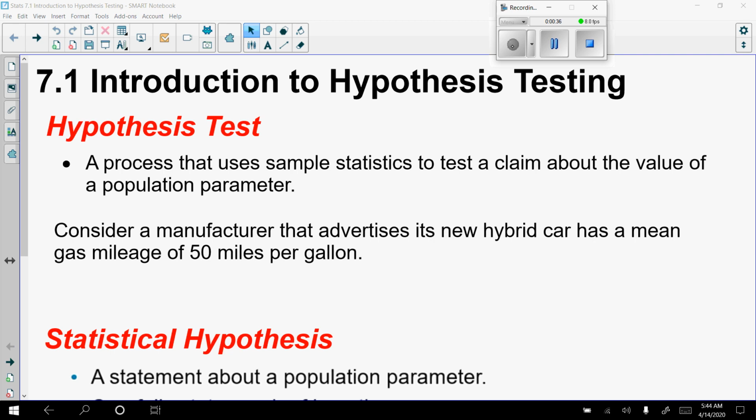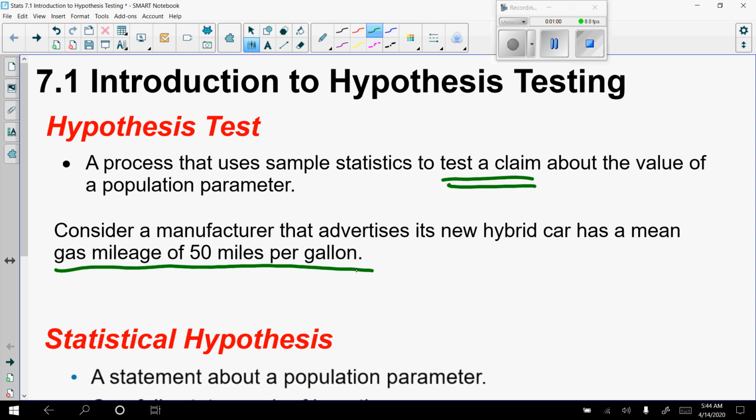So we're going to start with what is a hypothesis test. It's just something that you use to test a claim, whether a claim is valid or not. For example, you are supposed to consider whether a manufacturer that advertises its new hybrid car has a mean gas mileage of 50 miles per gallon.